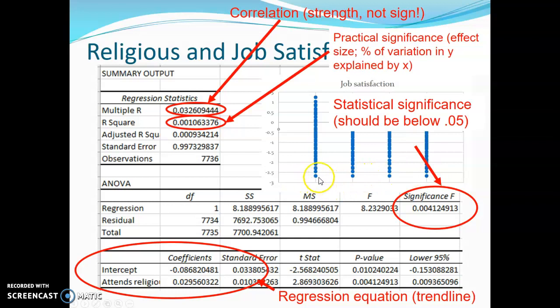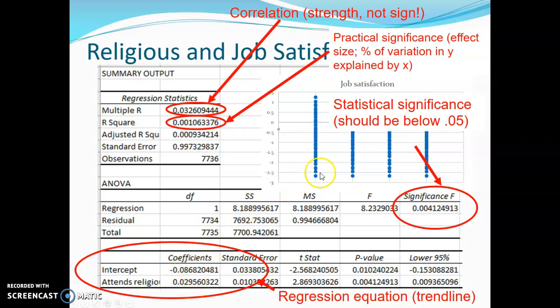So if they didn't attend any, that would have been a 0, and their predicted job satisfaction would be negative 0.08. That's a legitimate value here because there are negatives. If they attended frequently, say 3 was their score here, we would take 3 times this, get about 0.09, and then their predicted job satisfaction would be just above 0, so slightly positive. So not really getting much of a difference there at all, but there is a slight predicted difference.